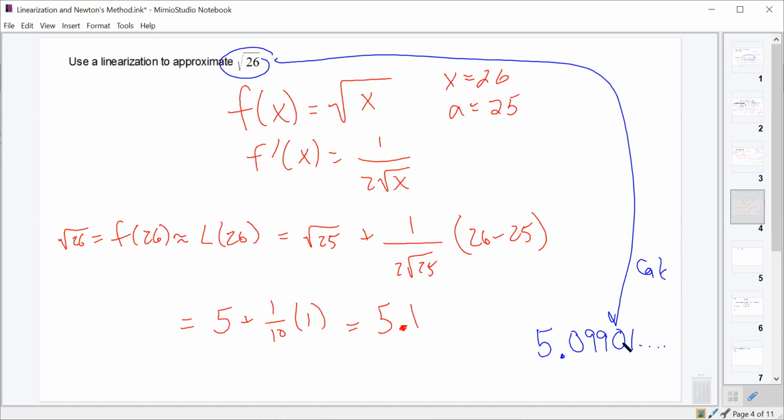Yeah, 5.09901. So really we're off by a little bit less than 1/1000th again. So it's a pretty good approximation. Good or no?